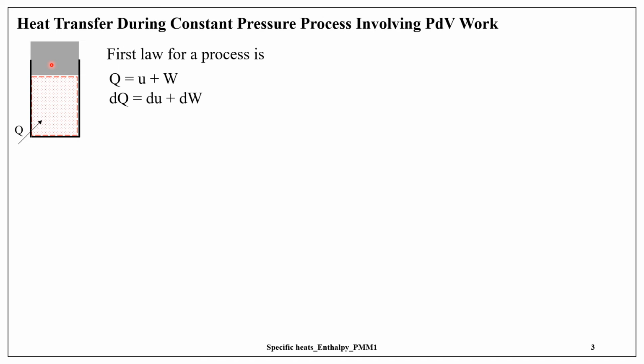Now, for this expansion process, we can apply the first law, which can be written as Q, that is, the heat transfer, is equal to delta U plus W. In differential form, dq equals du plus dw.